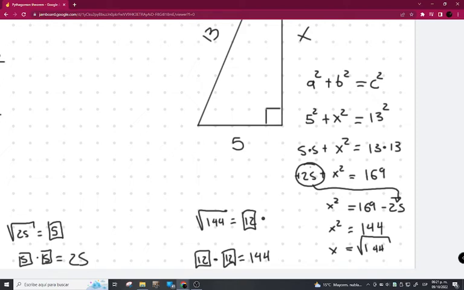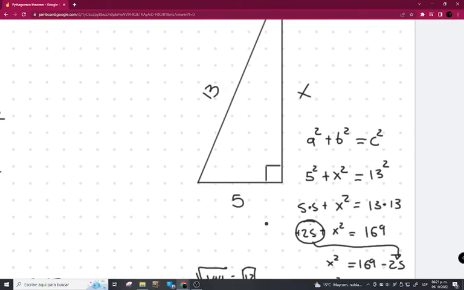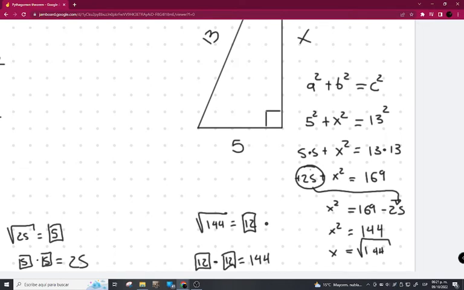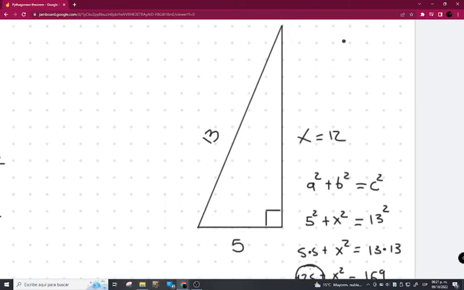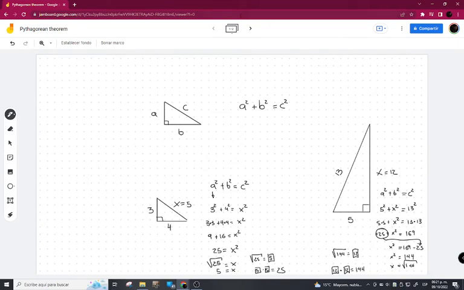You can easily find it by testing with the first few numbers that you know until you find that it's 12. But you may ask yourselves, what happens when the number is too big, or we can't actually find the exact value of the square root of something? Well, in the next example, I'll show you what happens.